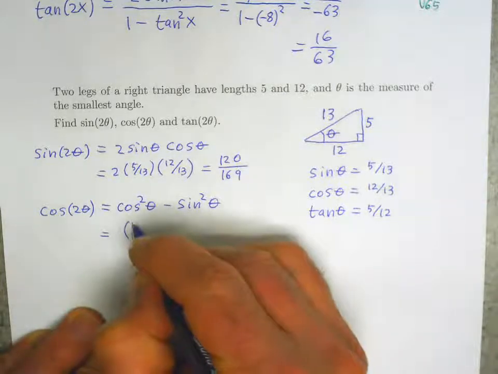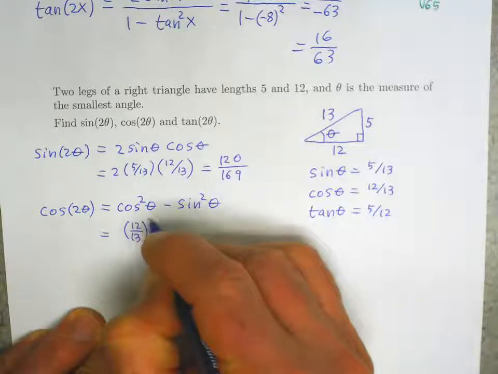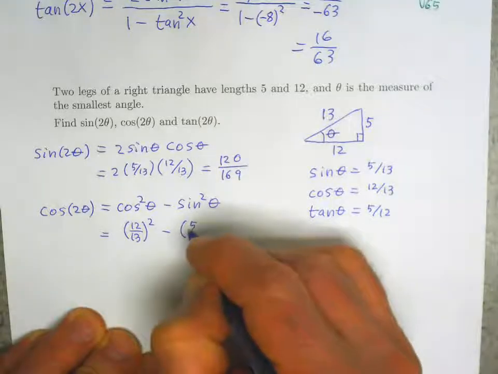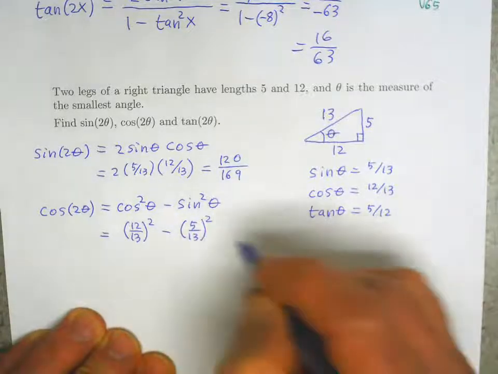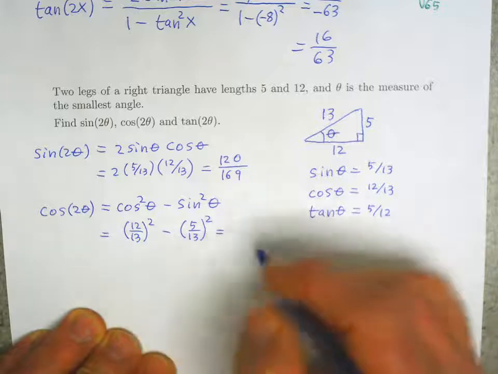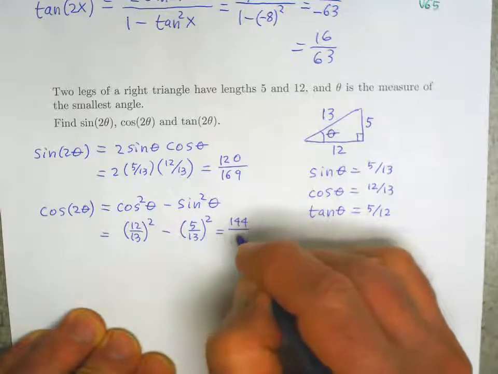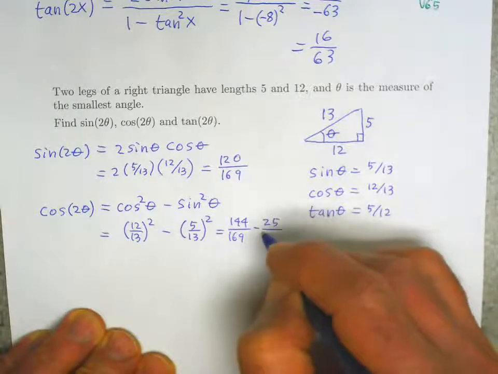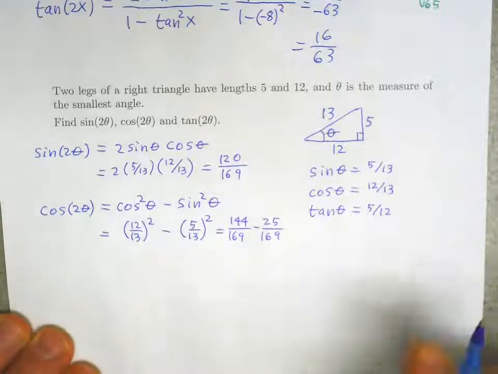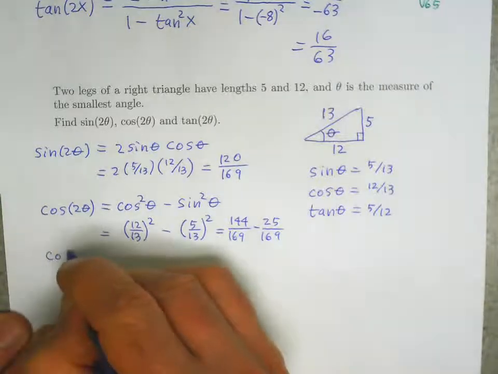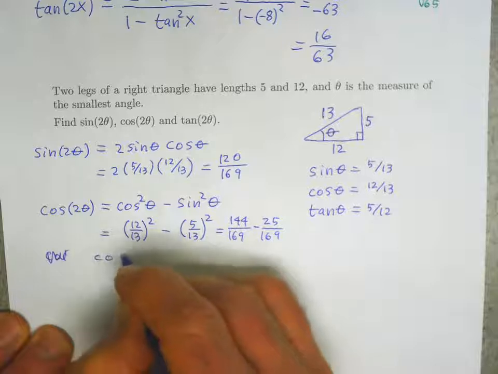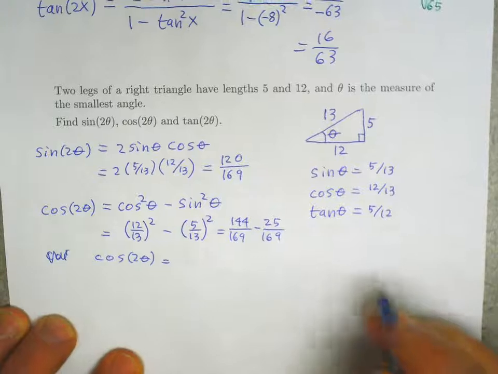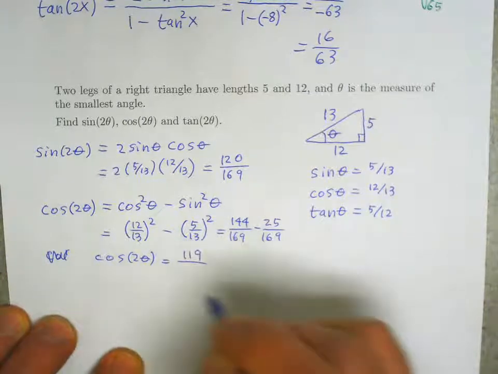So when we square that, square 12/13, and then we subtract sine of theta squared. So we get 144 over 169 minus 25 over 169. So cosine of 2 theta is equal to 119 over 169.